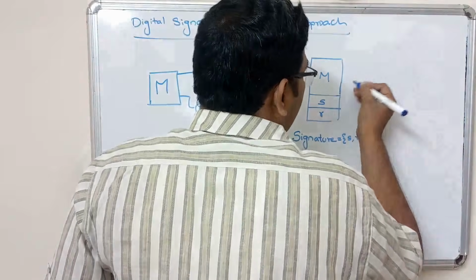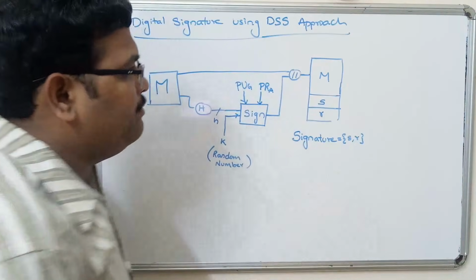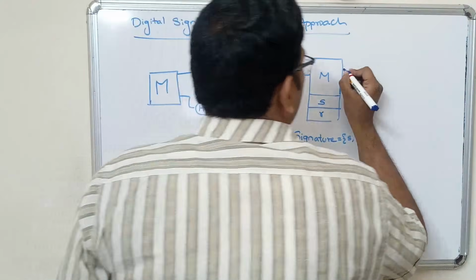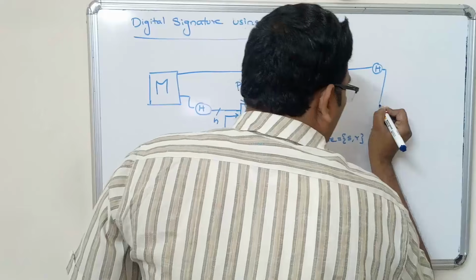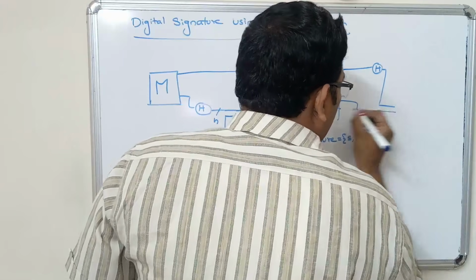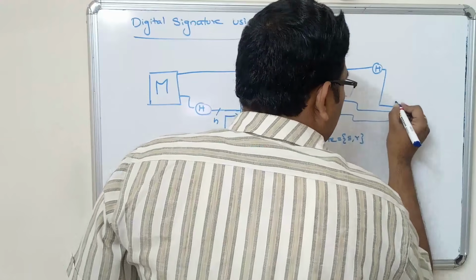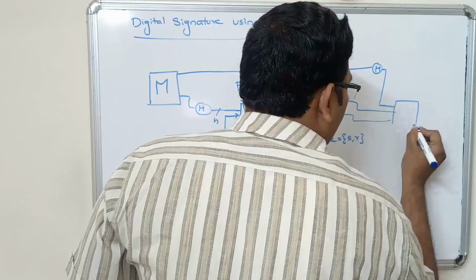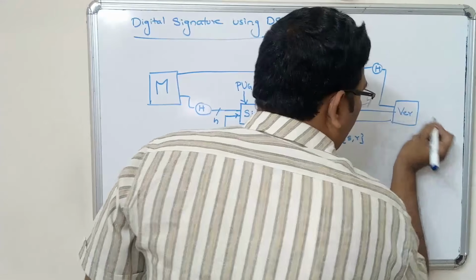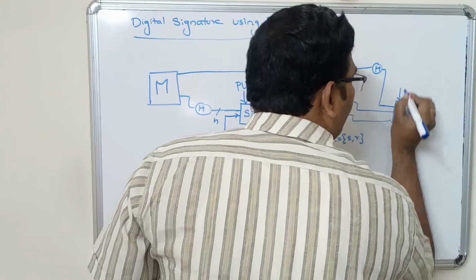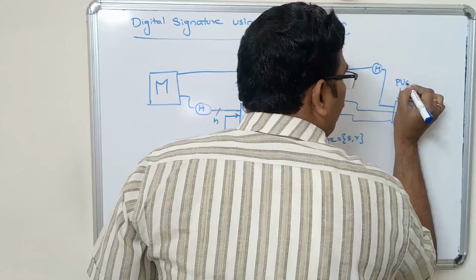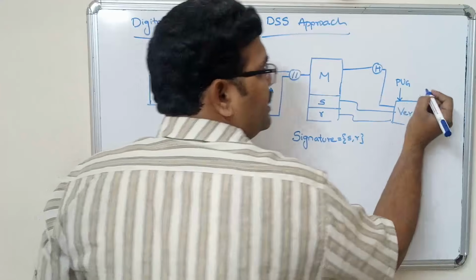At the receiver side, again the reverse process will be done. First the hash function will be applied, and along with this hash output, these three also will be given to the verifying function. For this, again we will use the global public elements.